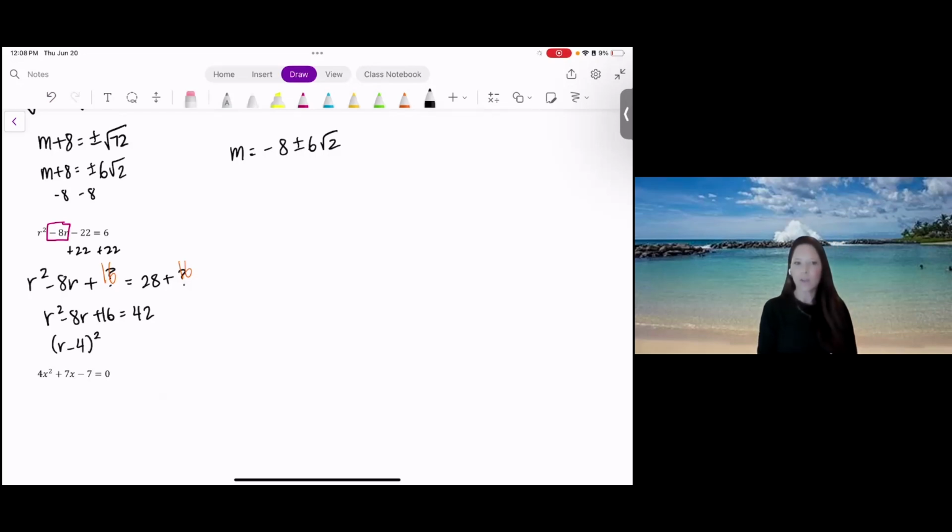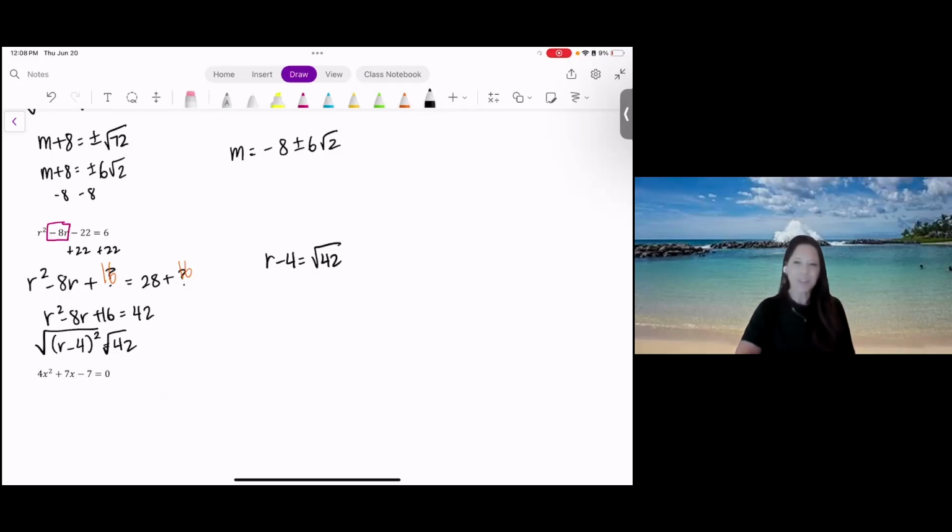R minus 4 squared is r squared minus 8r plus 16. That equals 44. And now, even though it's not equal to 0, I can still employ the square root like I just did previously. I'm going to square root both sides, and I get r minus 4 equals root 44.